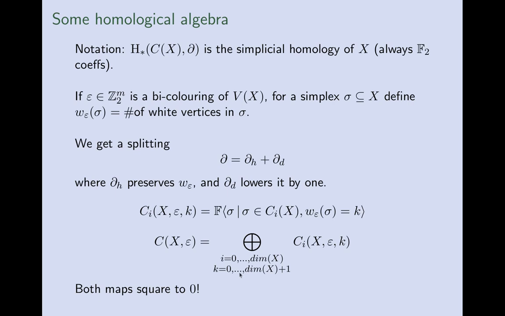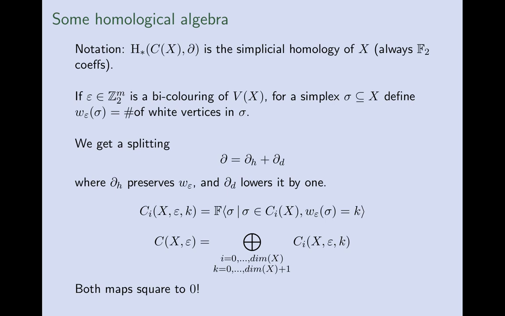Okay, now the first nice thing here is that both these components taken separately do actually square to 0. We can see it, for example, for the horizontal boundary, which is the one that we'll use throughout. Why is this true? We can do this for one simplex at a time.